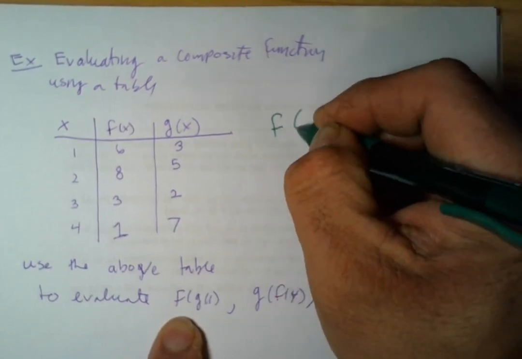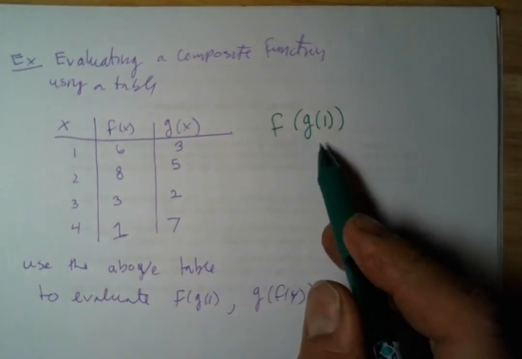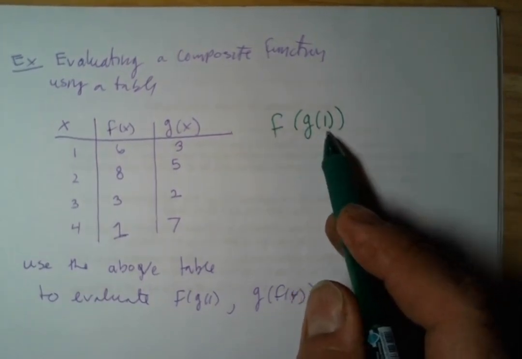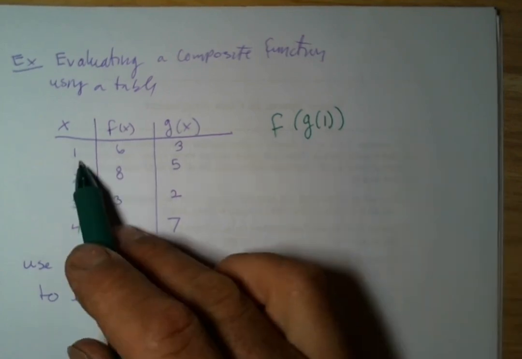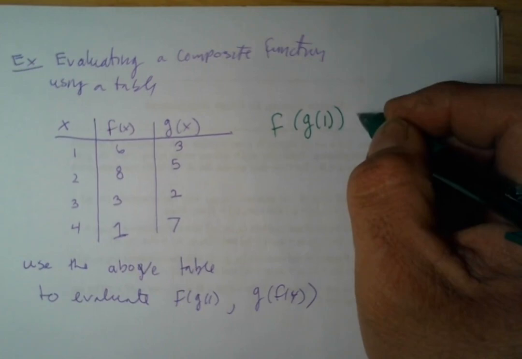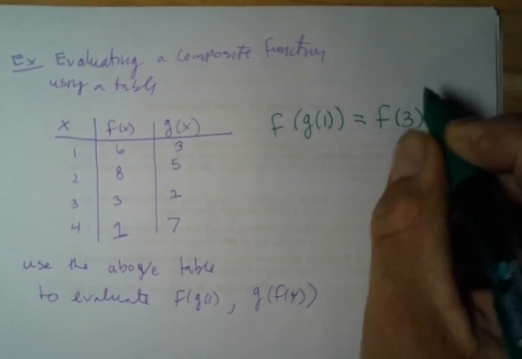So f of g of 1. Okay, so again, let's start by the inner one. Now, instead of substituting a whole function value, we just need the output here of x is equal to 1 for g. So for that output, we would get 3. Right, so replace with 3, right?